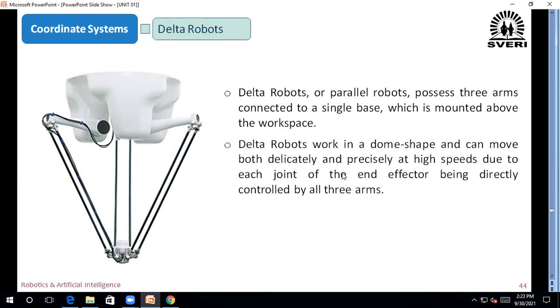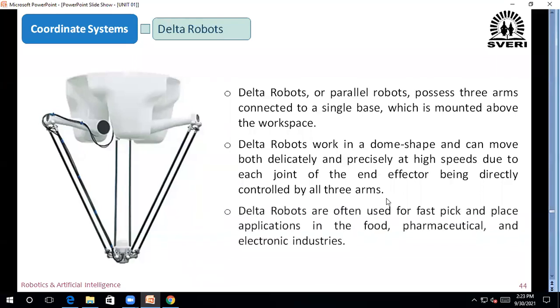Delta robots work in a dome shape and can move both delicately and precisely at high speeds due to each joint of the end effector being directly controlled by all three arms. Delta robots are often used for fast pick and place applications in the food, pharmaceutical, and electronic industries.